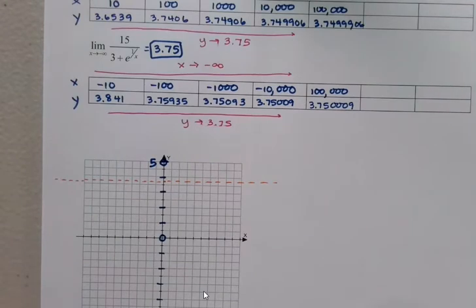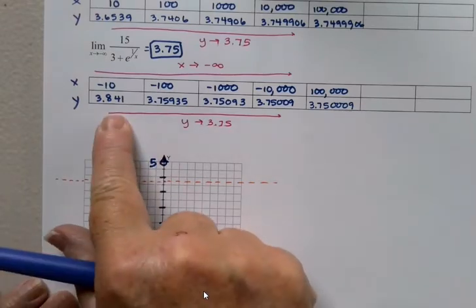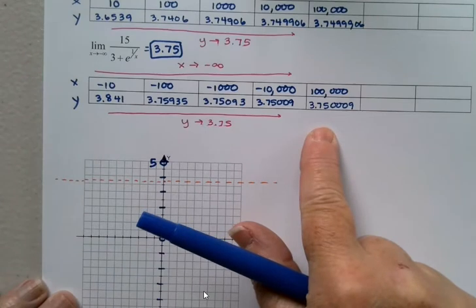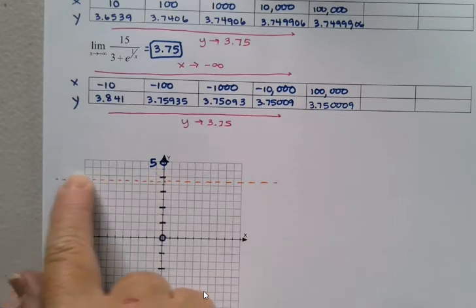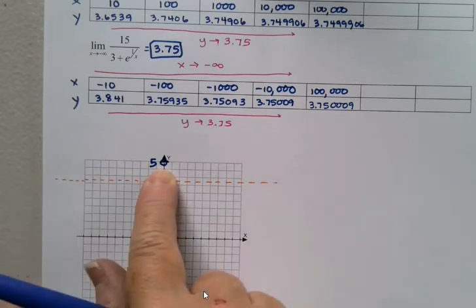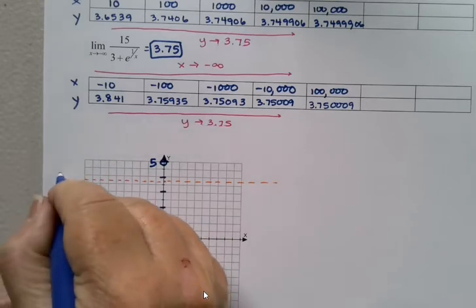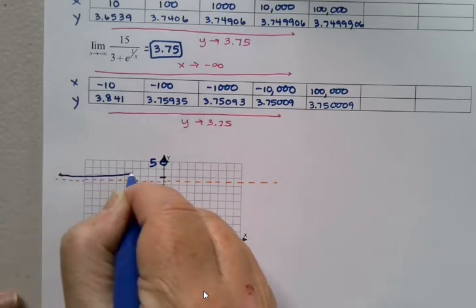So if I put all of this information together, I've got a pretty good idea of what's happening here. At negative infinity, I'm a little bit above 3.75, and then I'm approaching this hole at 0.5 from the left. So I'm expecting a graph to kind of look like this.